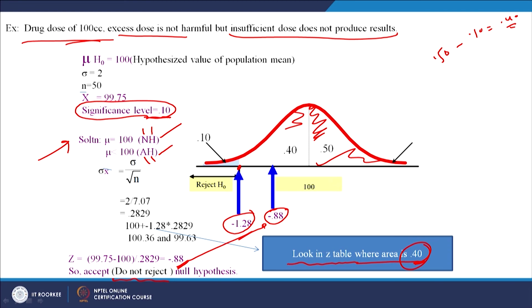So, let me summarize what we have done in today's session. We have looked at all the 6 steps of hypothesis testing, from framing of the null hypothesis and alternative hypothesis, to selection of alpha, then deciding whether Z test or T test is to be used, then calculating the Z value, then deciding whether the calculated Z value is within the rejection region or not, and then taking the appropriate decision.